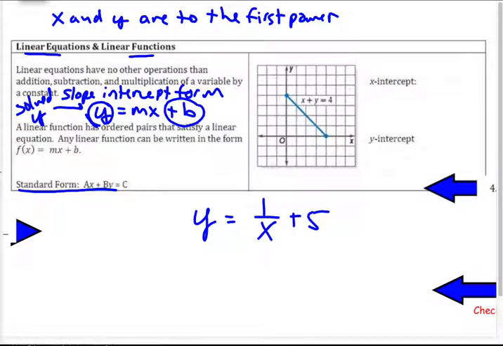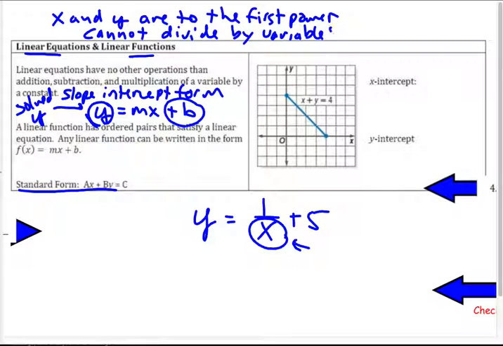You would think this is a linear equation, but you're dividing by a variable here. You cannot divide by variables if it's going to be a linear equation. So two things to check if it asks whether it's a linear equation: are x and y both to the first power, and am I not dividing by a variable.